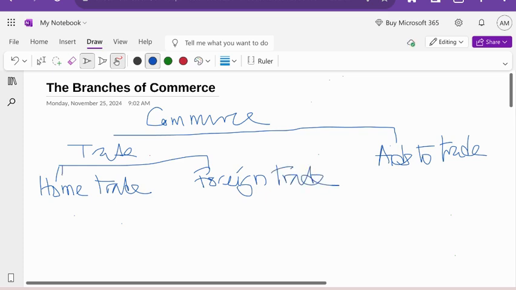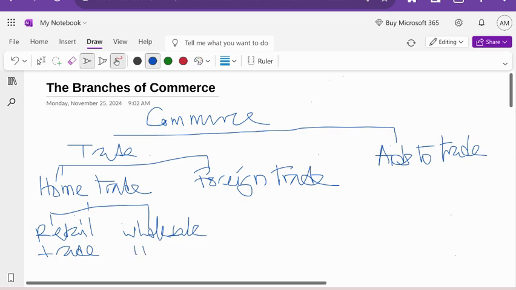We also have two types of home trade. We have retail trade and wholesale trade.